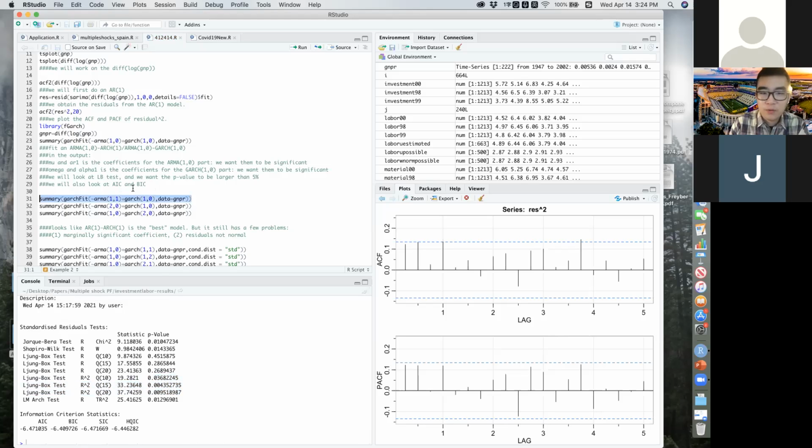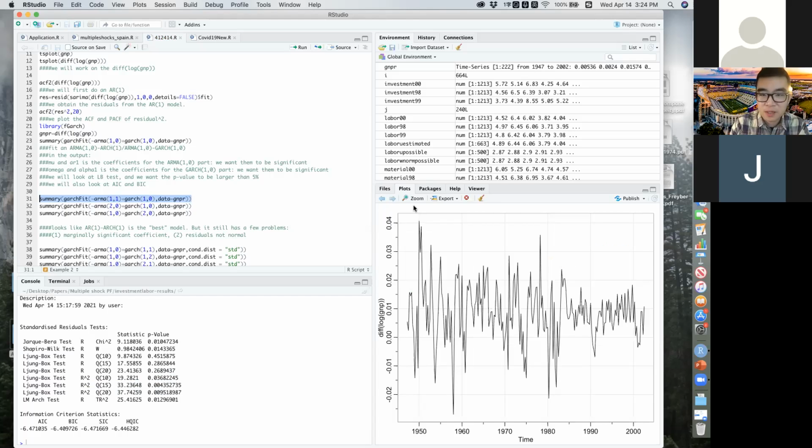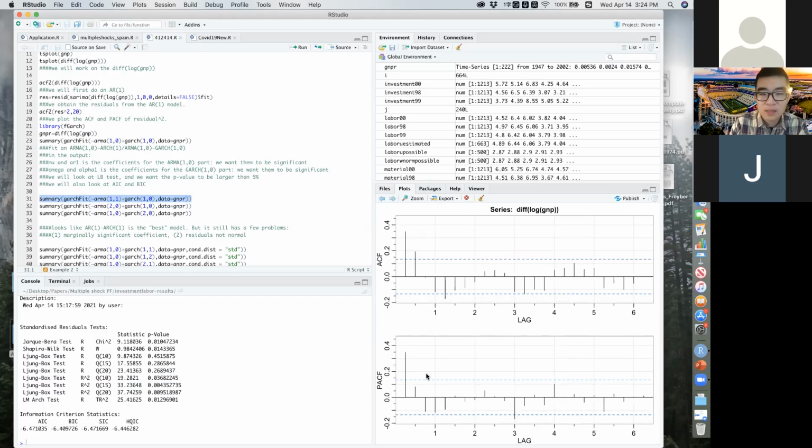So remember what we have. If you still remember the ACF and the PACF of the raw data, they go with the AR1, but it is possible that it's an ARMA11. So that's what I fit here. I fit an ARMA11 GARCH 1,0 model.